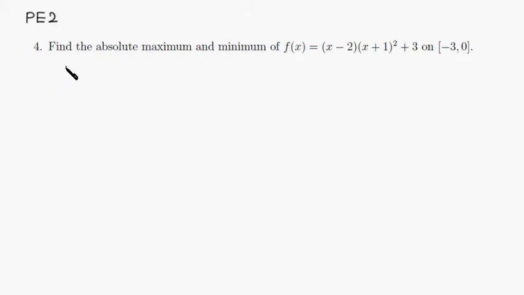Alright, so let's take the derivative. So f prime of x is equal to, you have two things multiplied together, so again, we're going to have to use a product rule here.